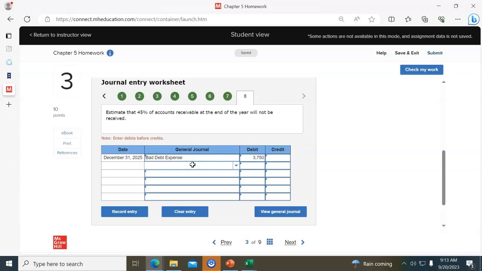And we credit our allowance for uncollectibles of 3,750 because we wanted that bottom number to be our 4,950. Okay? Any questions?